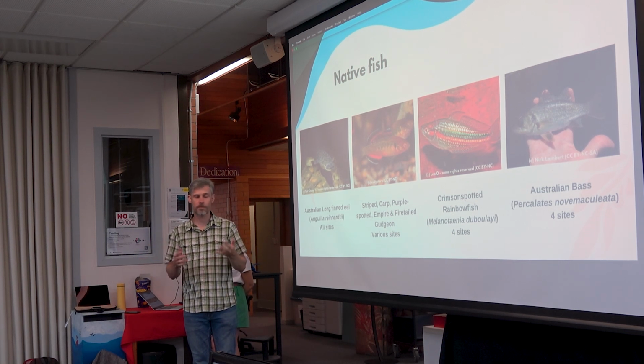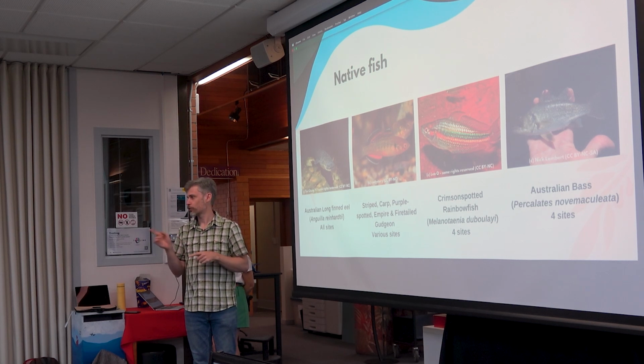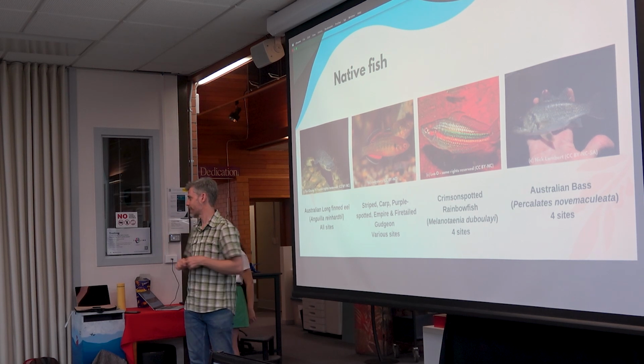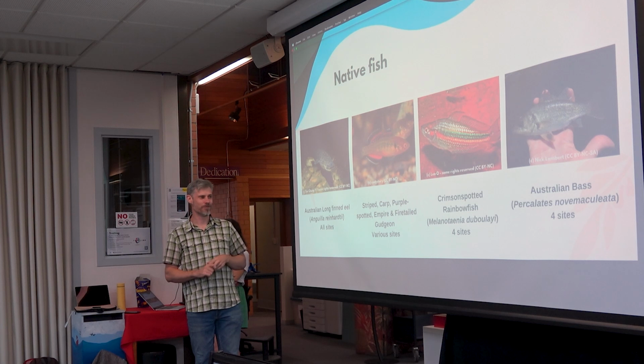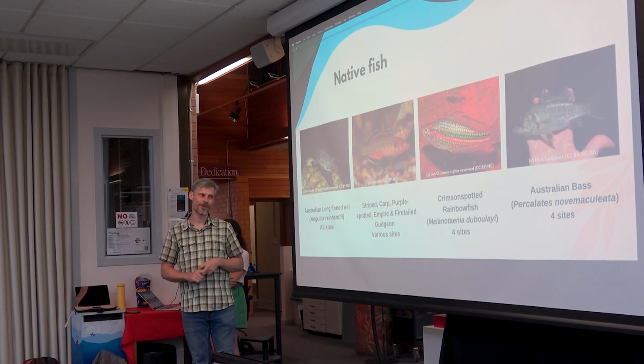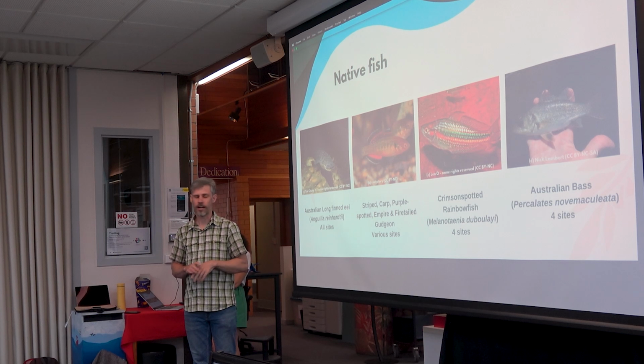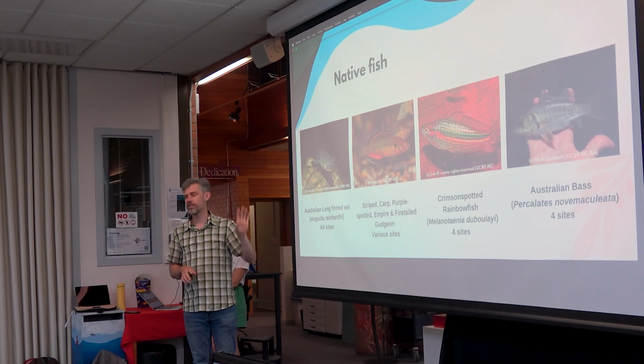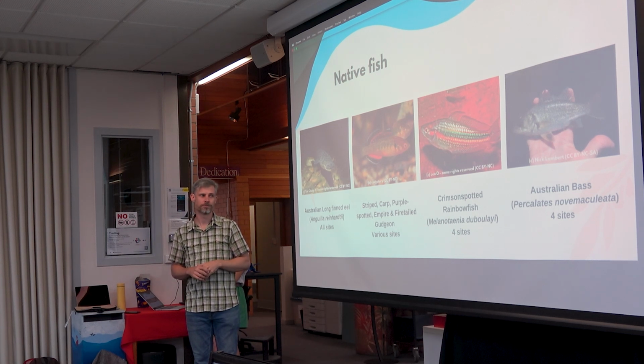But we detected striped gudgeon, carp gudgeon, purple spotted gudgeon, which I know Leo, who presented to us on fish, was really excited about seeing that one as well. Empire gudgeon and firetail gudgeon. I think the firetail gudgeons were just up in the dam, but they're around. So it's good to see a diversity of these small fish turning up as well.